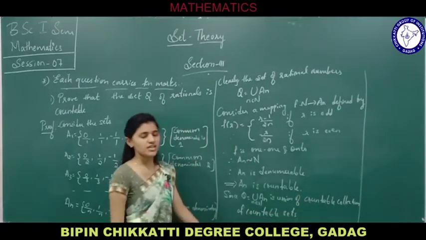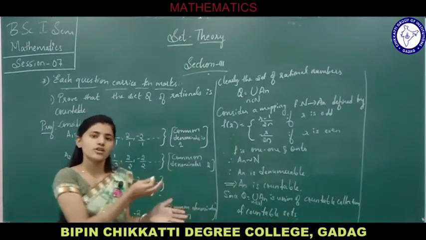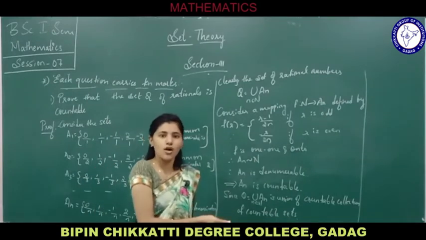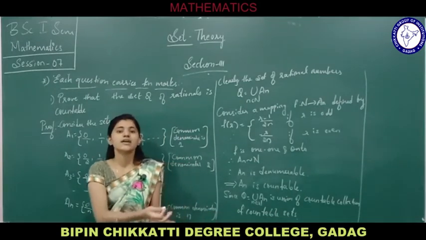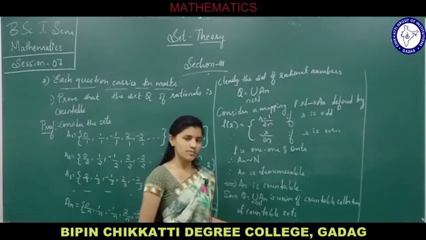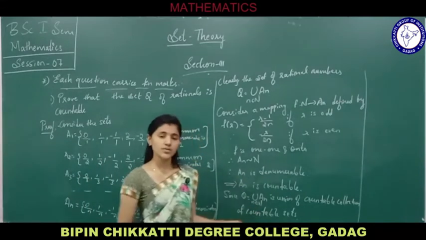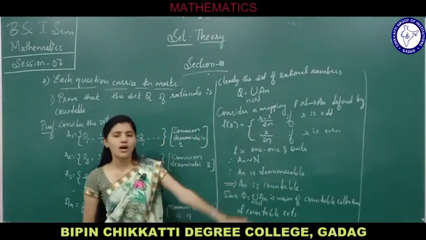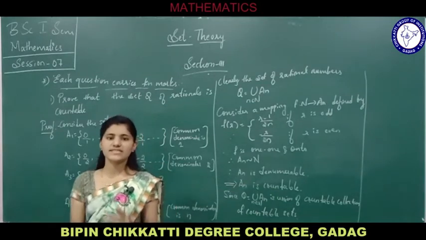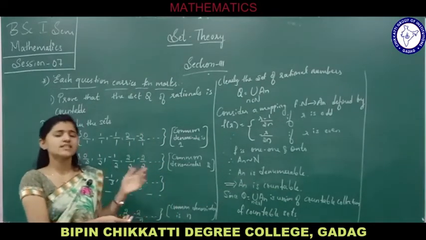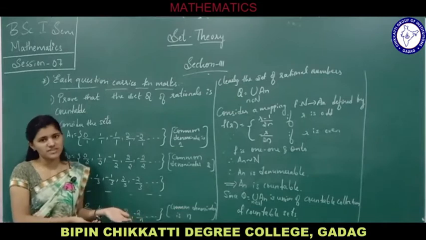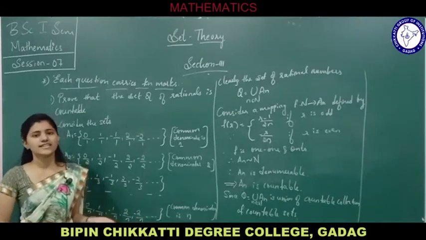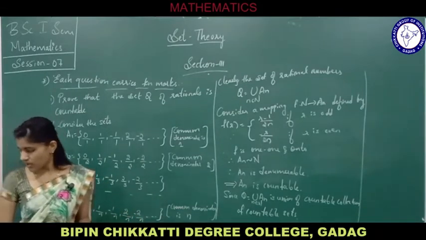The collection is countable, and even the sets are countable. That is why we say that Q is the union of a countable collection of countable sets. So we can clearly say that Q is countable.